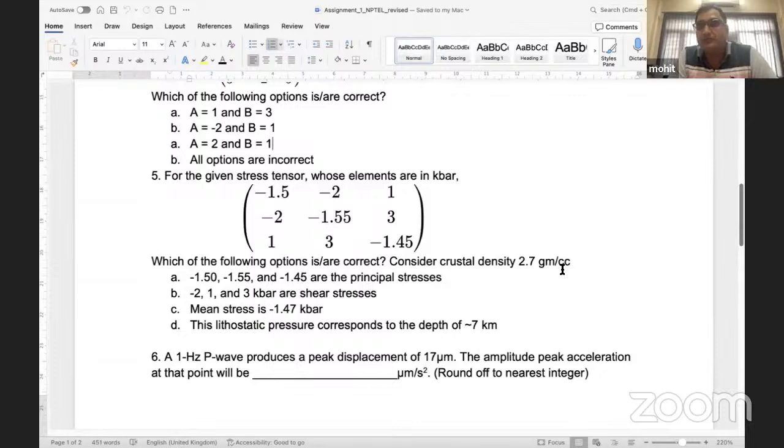You can convert it to kilogram per meter cube. G is the acceleration due to gravity, whose value we know, 9.8 meter per second square, and h you need to find out.